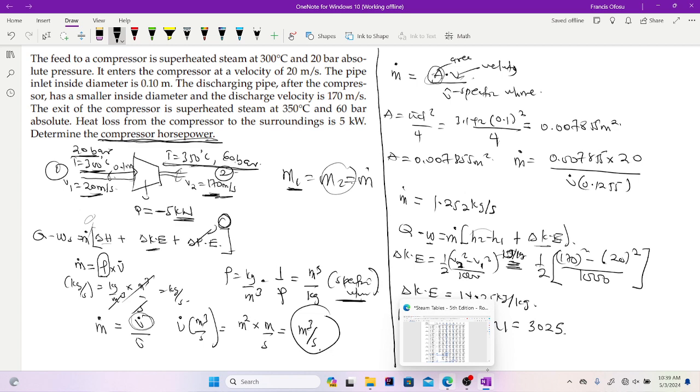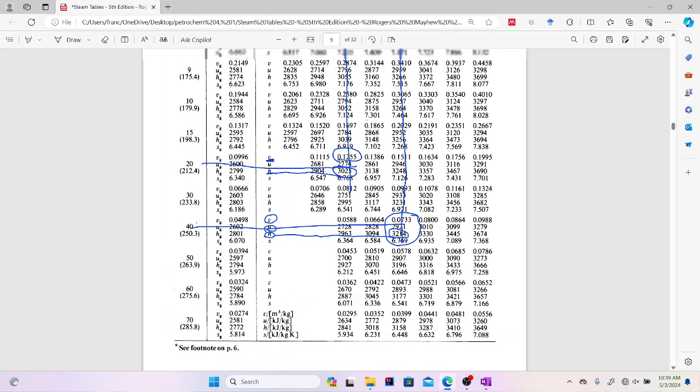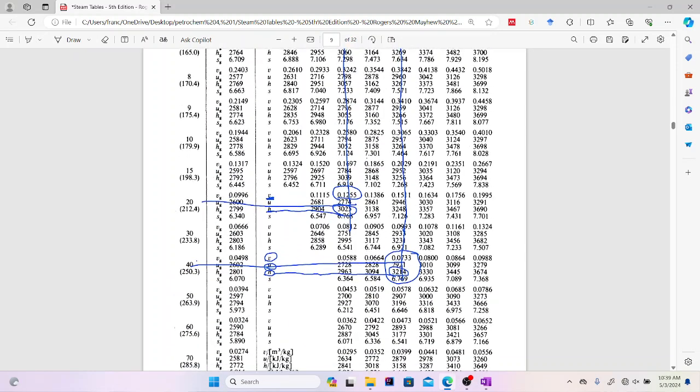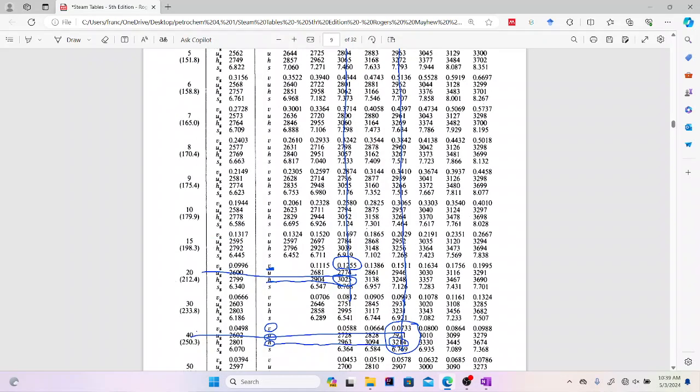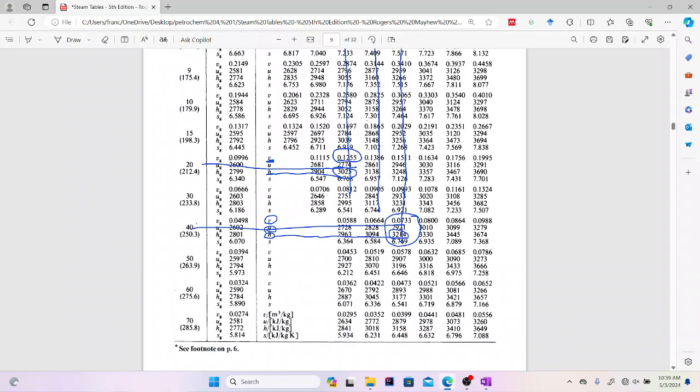And then for 60 bar and 350, let's trace this 350, and then there is 60.